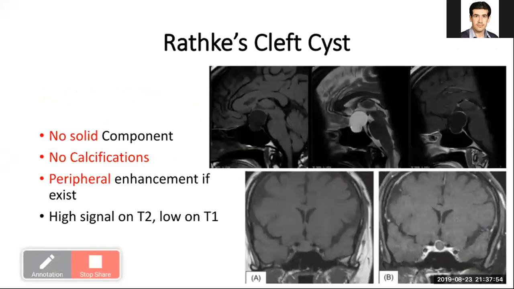Rathke cleft cyst is a recurrent question in the exam actually. We see a totally cystic component, no solid component, no calcifications. If this cyst enhances with gadolinium, the enhancement will be peripheral.